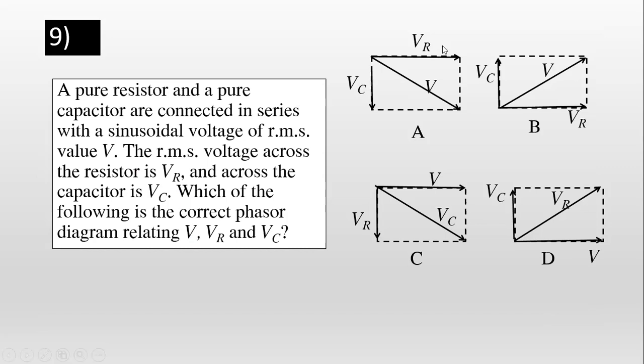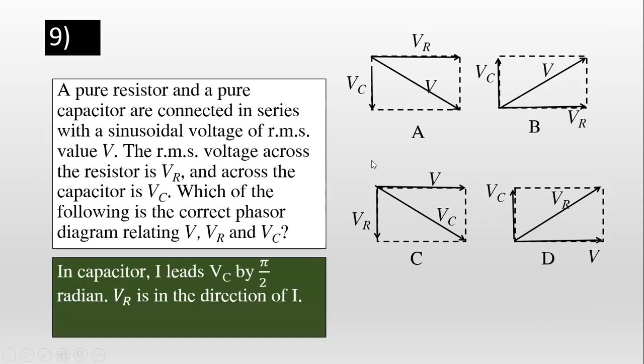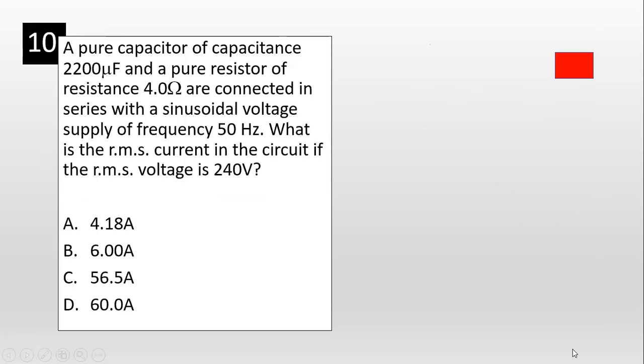Okay, so always VR will be the horizontal one. VC is below. Always remember that VC is below. The current flows in the same direction as the VR. Okay, make sure you know how to draw the phasor diagram. This one you are wrong.